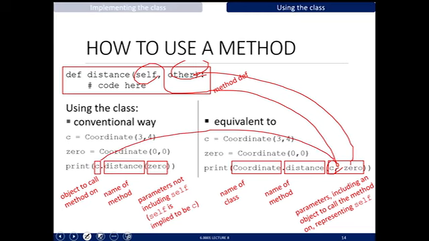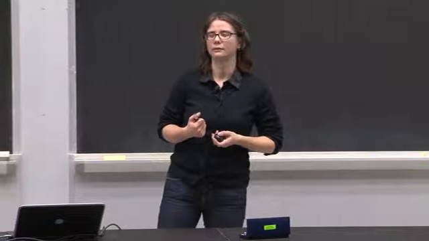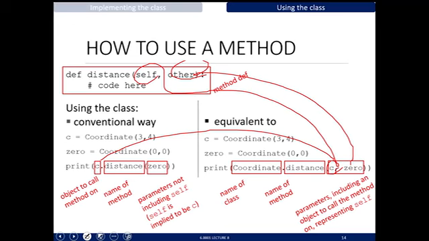And as I mentioned, Python implicitly says if you're doing the one on the left, you can call this method on a particular object, and it's going to look up the type of the object, and convert the one on the left to the one on the right. And this is what you've been using so far. When you create a list, you say L is equal to [1, 2], and then you say L.append(3) or whatever. So we've been using this notation on the left pretty much from the beginning of class.